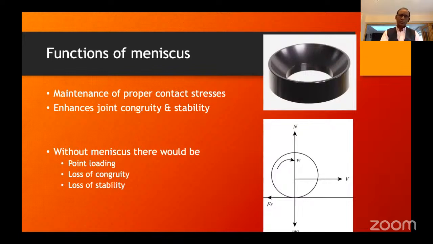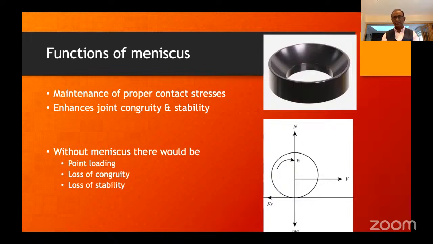So what is the essence of the meniscus? In the knee joint, the top of the tibia, for all practical purposes, is like a flat surface. On top of that, you've got a ball-shaped structure, which is the femoral condyle, sitting over there. Now, if you imagine a ball sitting on a flat surface, the ball is going to roll, isn't it? So what the meniscus does is it is like this little ring that I have shown at the top right of the screen, which allows the ball to sit in it.